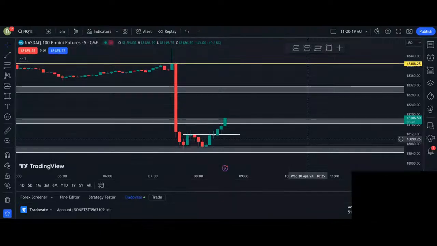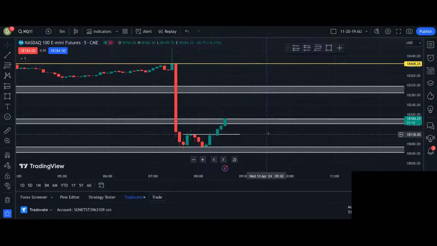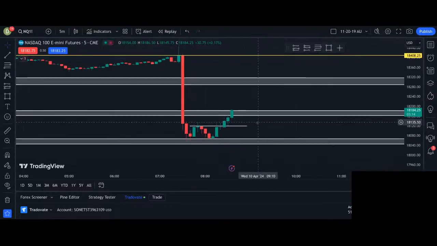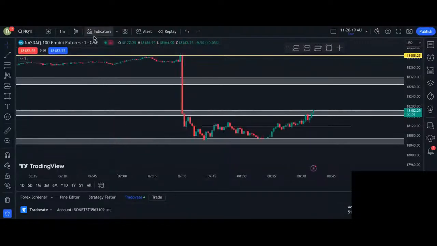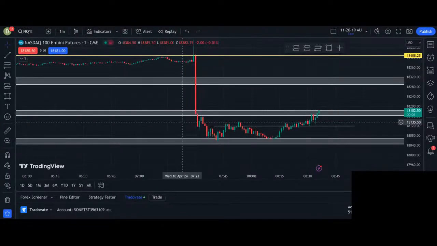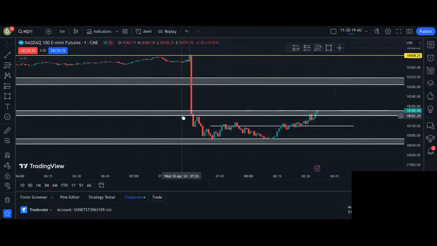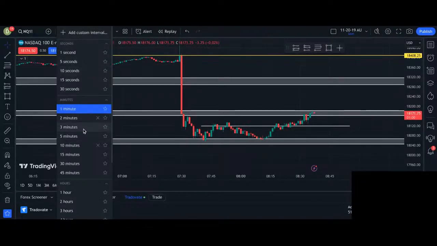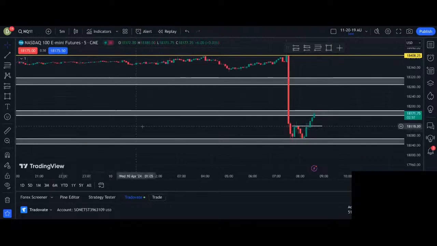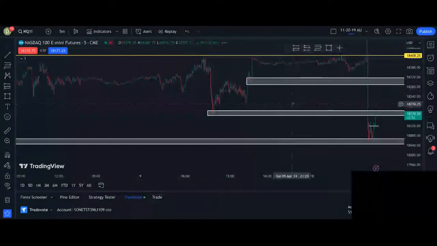Yeah, so I knew we would get price to break through, but you never can be too sure. Like I said, we like to trade with the trend.